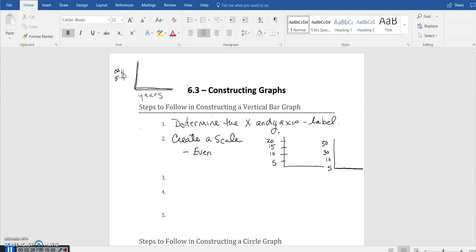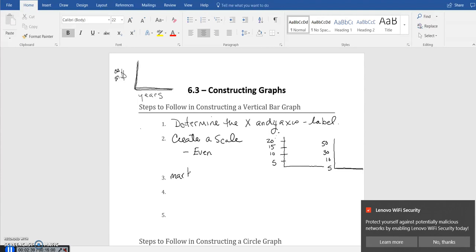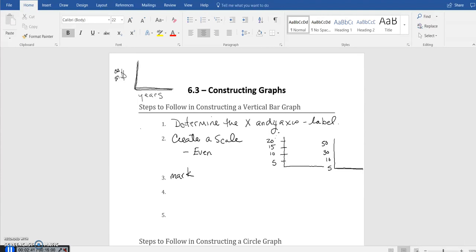Okay, so I need to determine my x and y axis. Mark my categories on the x, or horizontal, axis.